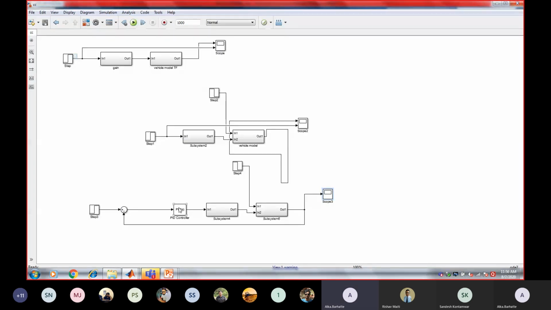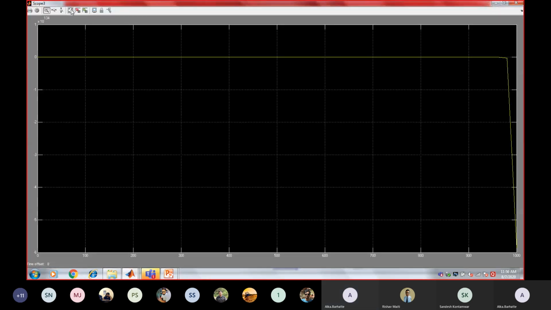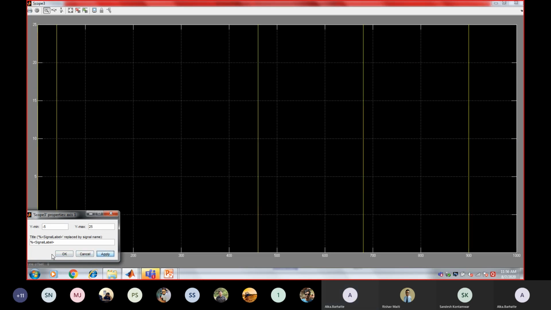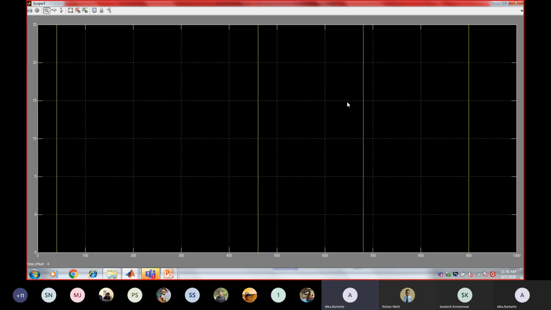Whereas in the PID controller, we are getting actually the required output. So why is it happening so? Something is going wrong here.